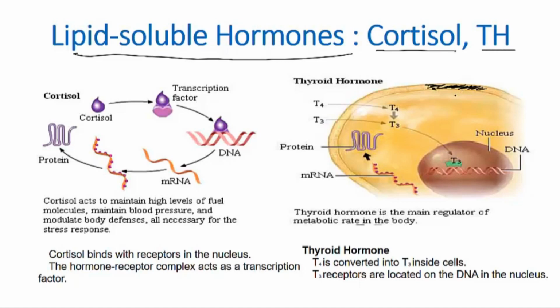The receptors are located inside the cell. In this case, it's typically located inside the nucleus, and the receptor has a site where it can attach to the hormone, and another site with which it can bind to the DNA or the specific gene in the genome. Those receptors are nothing but transcription factors.